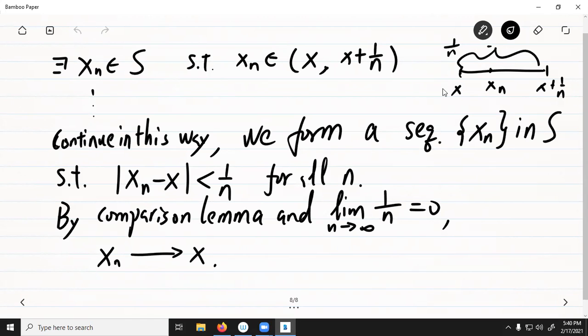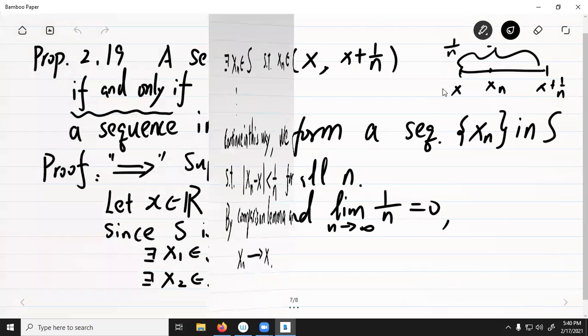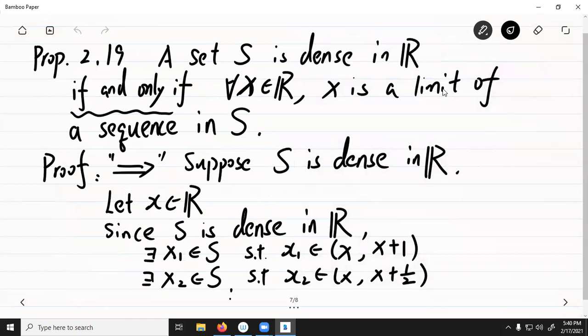So we are done. This part is a construction proof. You see, there exists a sequence, so that means here we construct one. This is the process to construct the sequence.